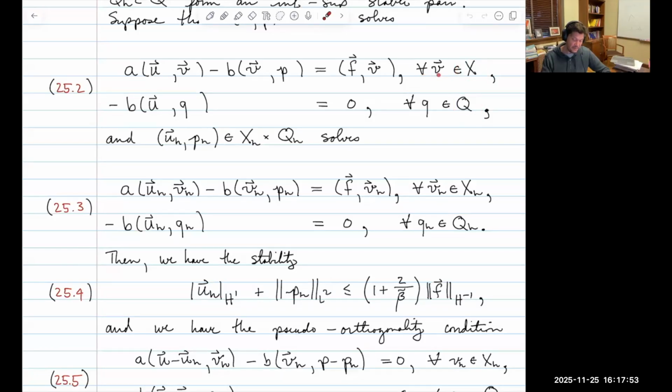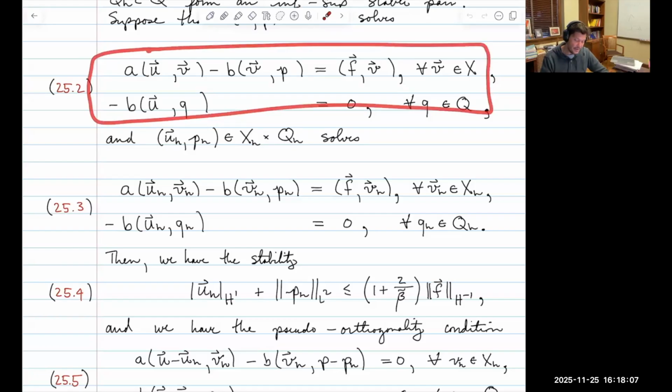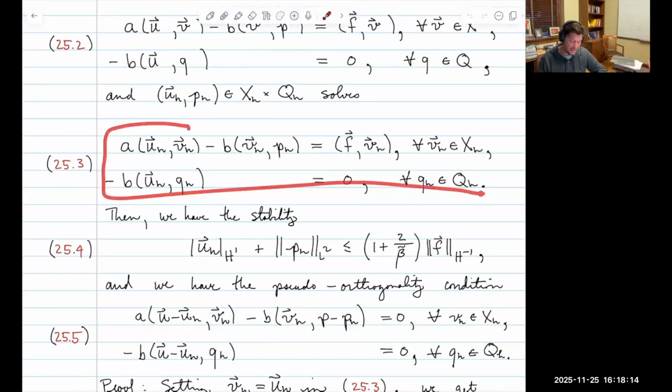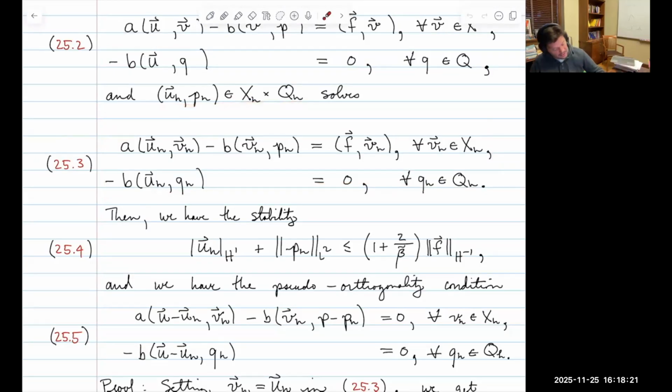Instead of using v from X, I could use v from Xh because Xh is a subspace of X. And I could use q from Qh because it's also a subspace. So just understand that these two equations still hold if I replace the test functions with their finite dimensional counterparts. And of course, this system of two equations holds for these solutions in the finite dimensional space, and with the test functions in the finite dimensional subspaces as well.